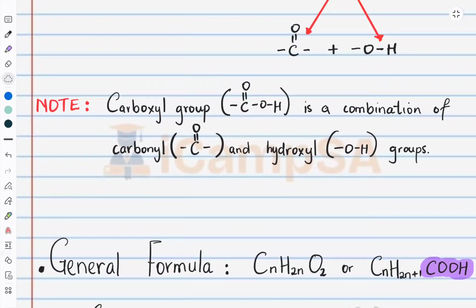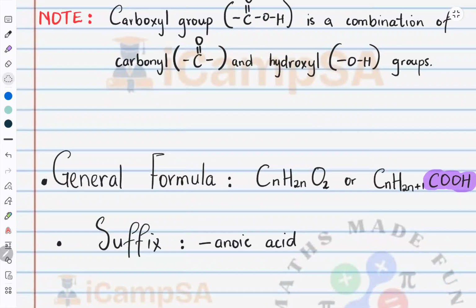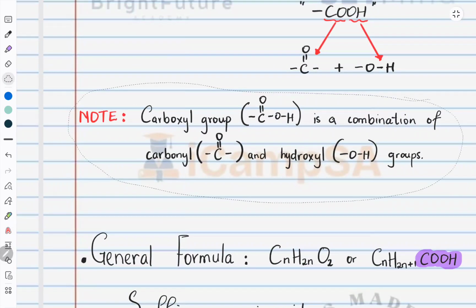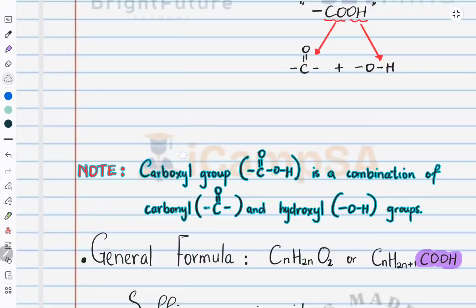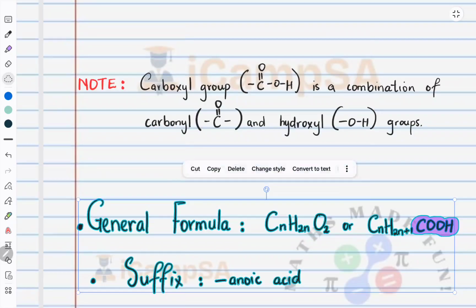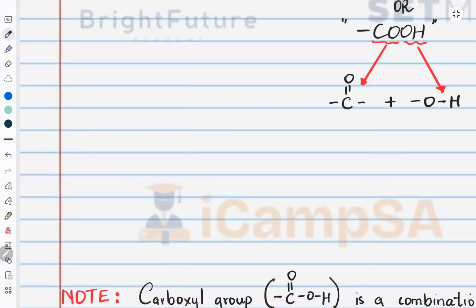So what I mean by that is, let's take ethanoic acid as an example. So ethanoic acid would look like this.